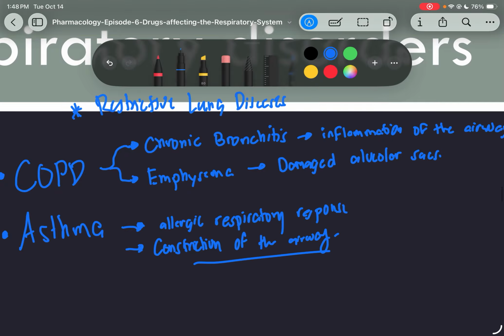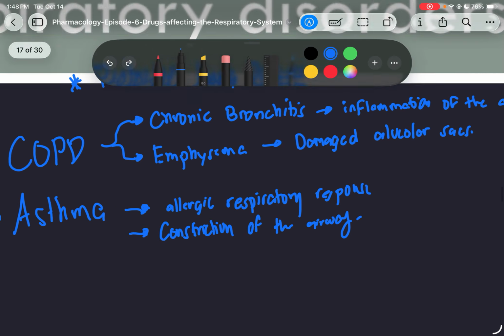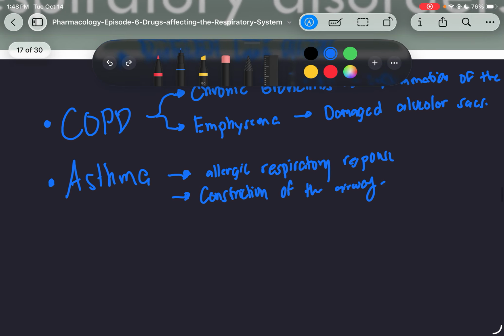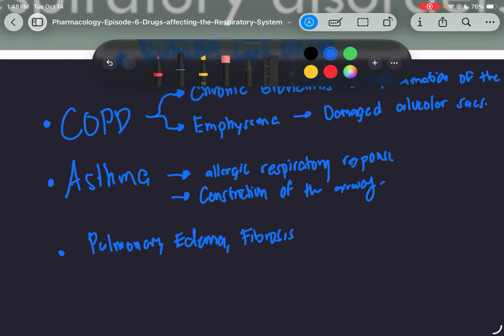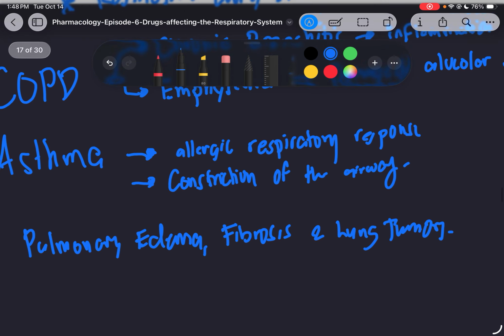This can also be used for other restrictive lung diseases, like pulmonary edema, pulmonary fibrosis, and lung tumors that will restrict the airway.